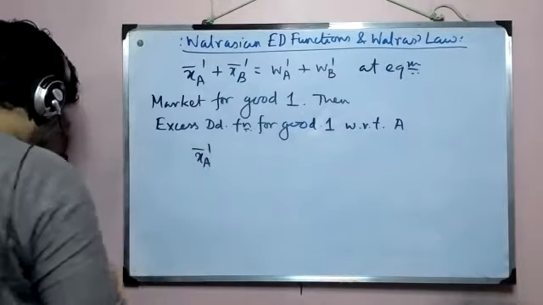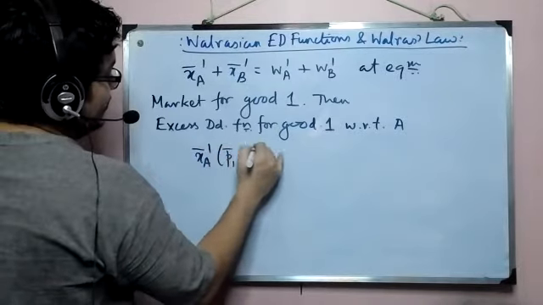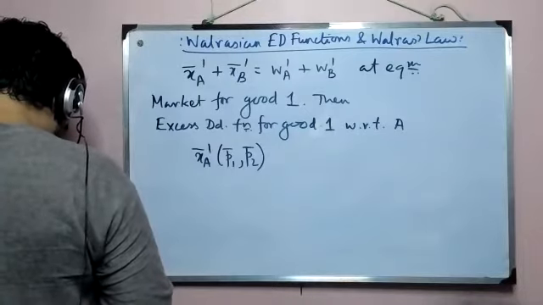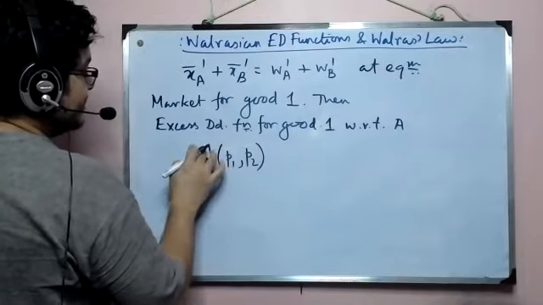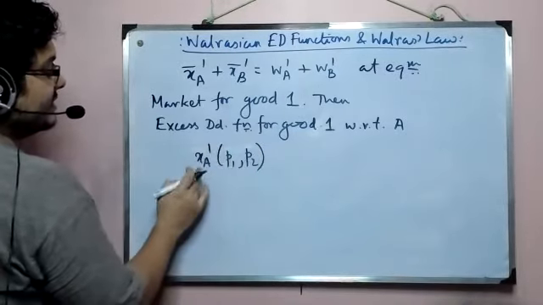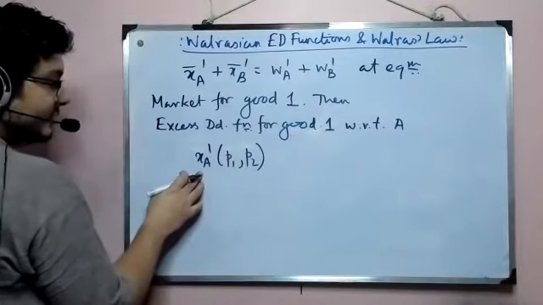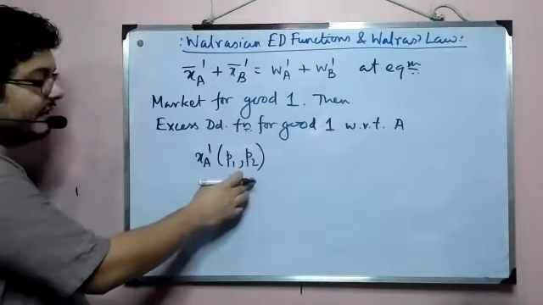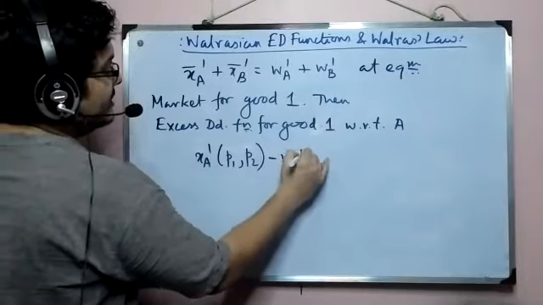it's written like this. So this is the demand at the equilibrium price, okay? Sorry, not equilibrium. So let's put it like this. This is the demand of good one by consumer A at any prices P1, P2, and the endowment with which he had come is this.